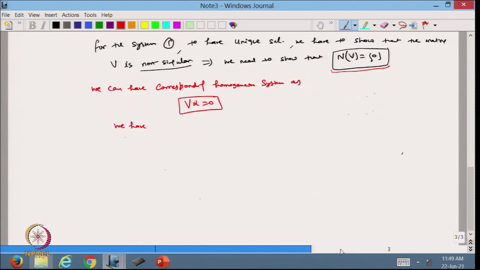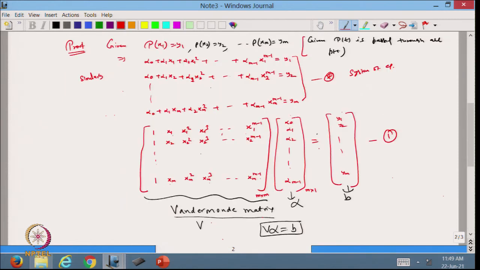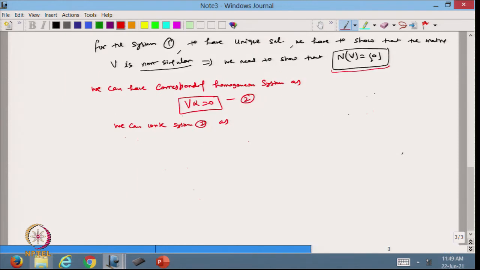So, I just write this as system 2. I write the first equation: alpha 0 plus alpha 1 x1 plus alpha 2 x1 square up to alpha m minus 1 x1 raised to m minus 1 equal to 0. So, this is the first equation.